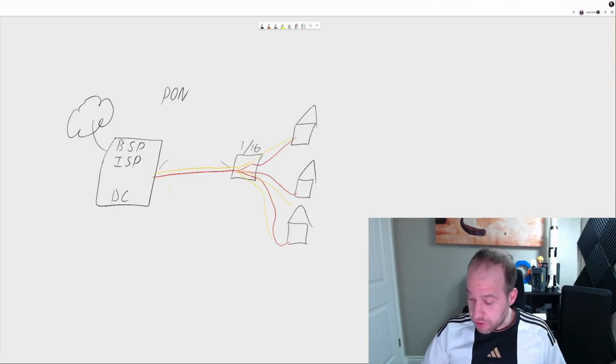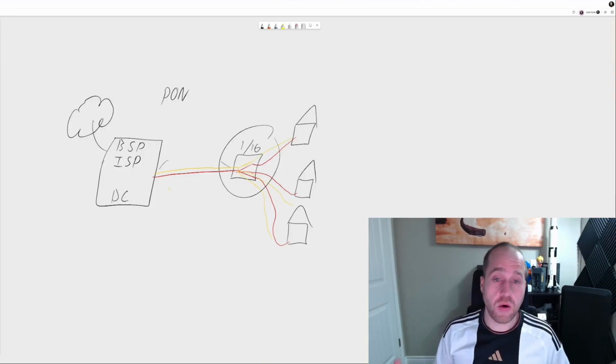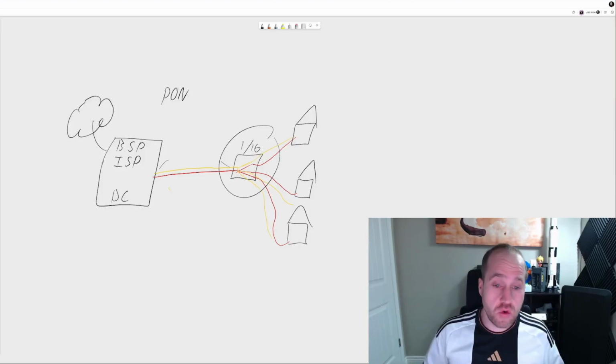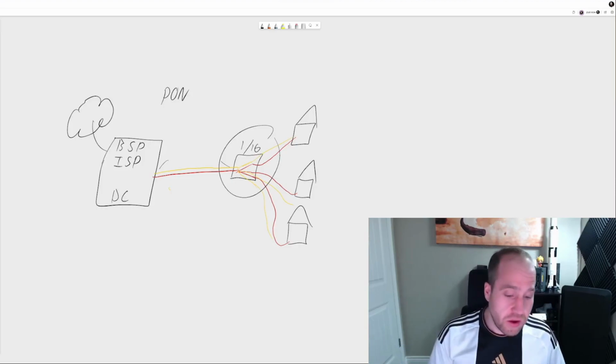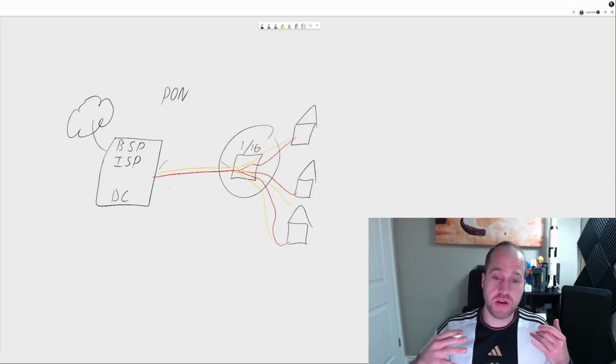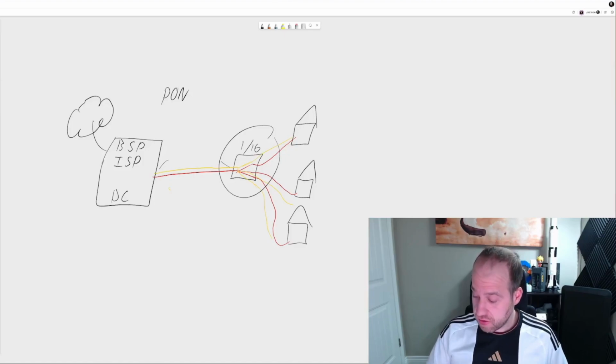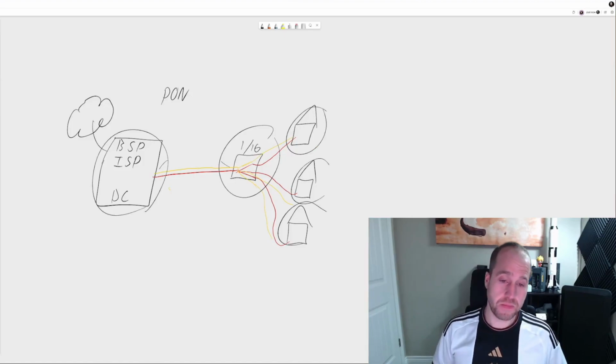And in this cabinet, there's no power. That's the beauty of PON, is it's passive. You don't have to have electricity. You don't have to have cooling. It can be underground. It can be sealed up. It can be in a weatherproof vault. And it's totally passive. The only electronics are at the houses and here.